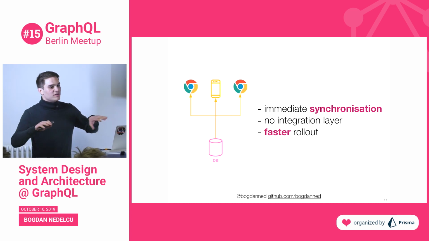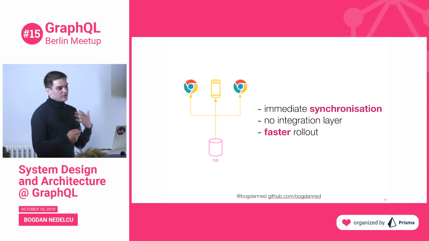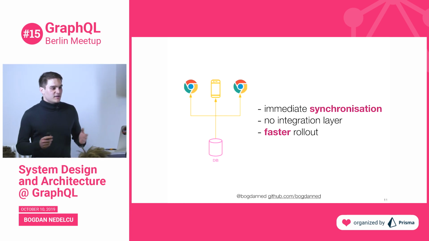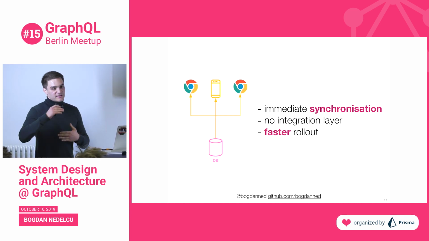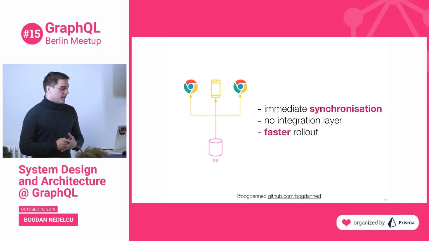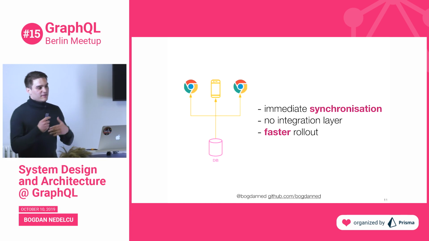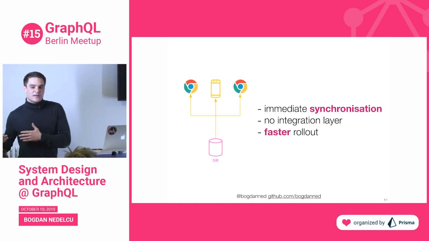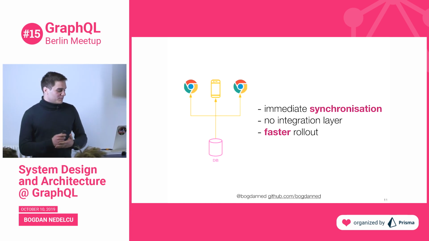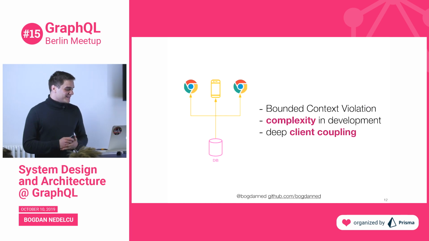There's no need for an integration layer. And we're going to have faster rollout if we just use one database cluster that exposes directly against these 3 applications. And this sounds a lot like GraphQL. You have one GraphQL server, you have several clients, and you're basically developing against it. Well, not against it, with it.